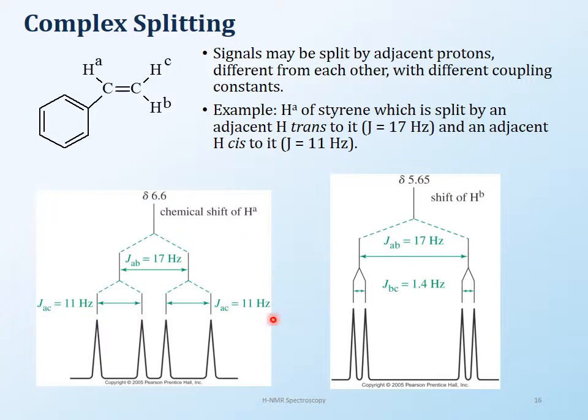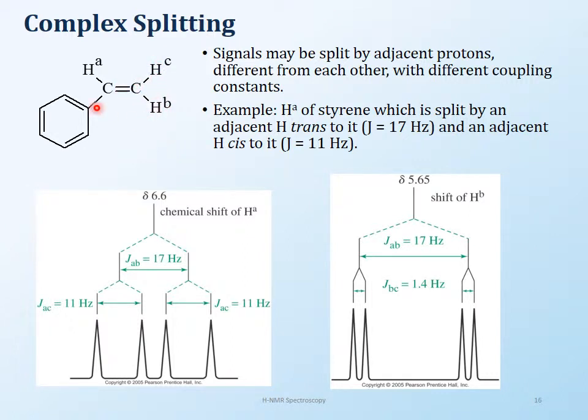So complex spectrum number 1. All right, here we have styrene, which is also called vinyl benzene. In vinyl benzene we have 3 different protons on a double bond, and then 1 phenyl ring. Now C and B protons are on the same carbon, so these are geminal protons.